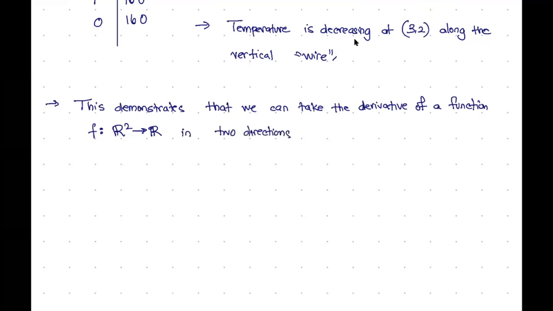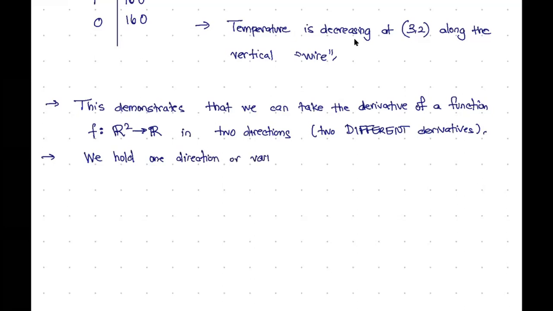But these are going to be 2 different derivatives. And that's important to understand. These are 2 different derivatives. They're not the same derivative. We hold one direction or variable constant.